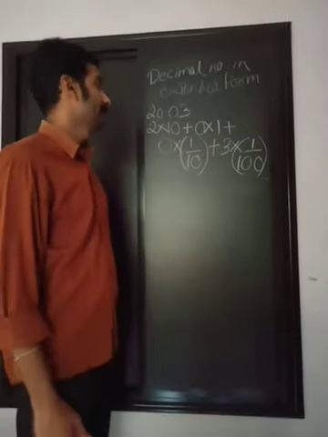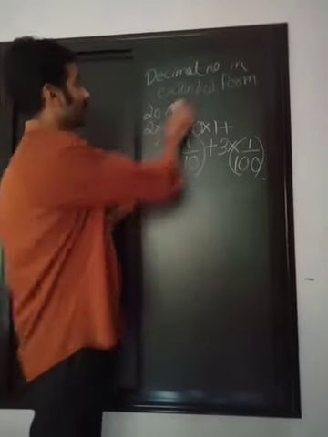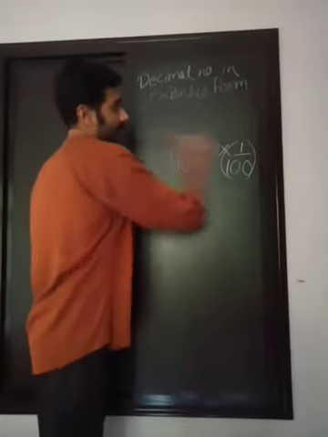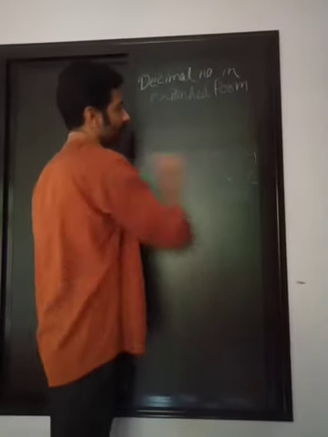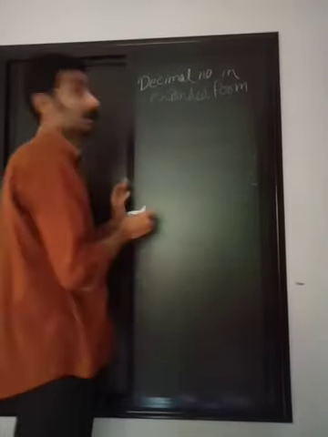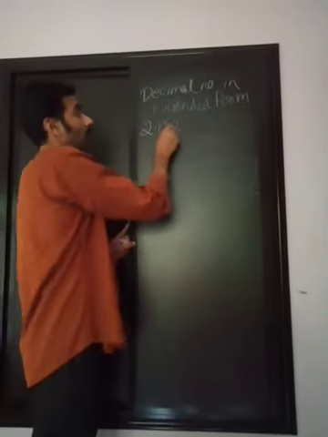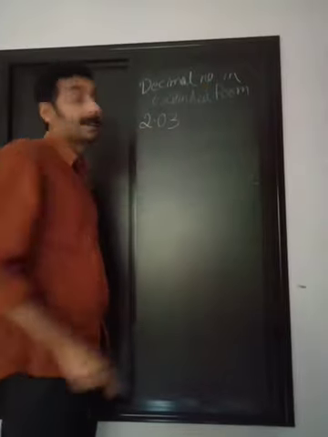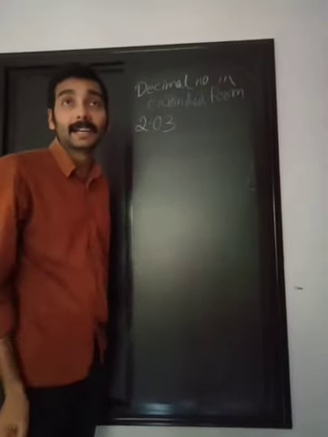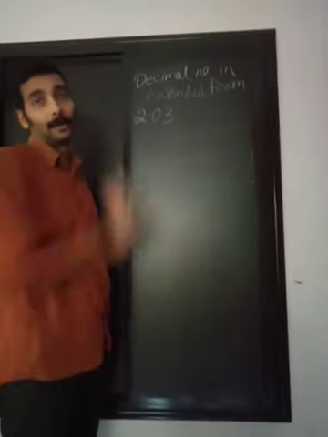Okay. Then another one is 2.03. The question is to write the decimal number in expanded form, same as above.